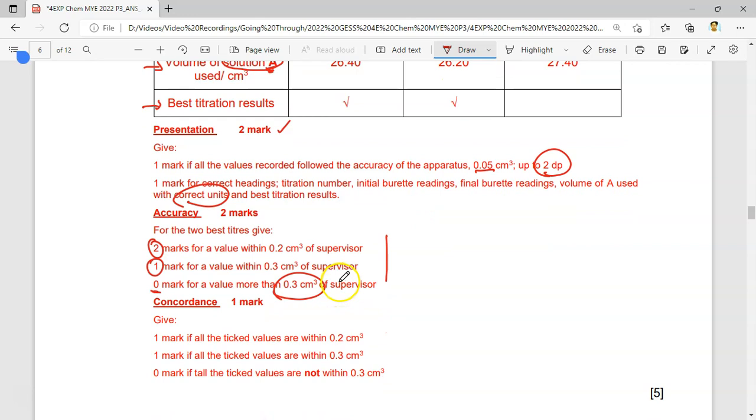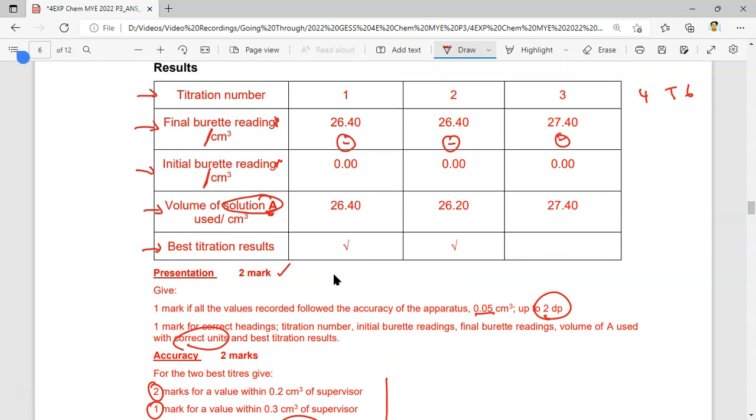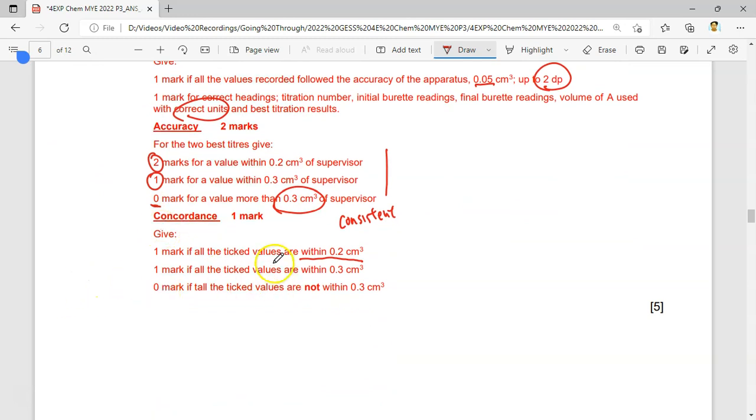Next one, concordance is really looking at the consistency of your results. When you pick consistent results, they should be within 0.20 of each other. So you can see here, these 2 are within 0.20 cm3 of each other. Sorry, my handwriting. 1 mark if it is within 0.30.